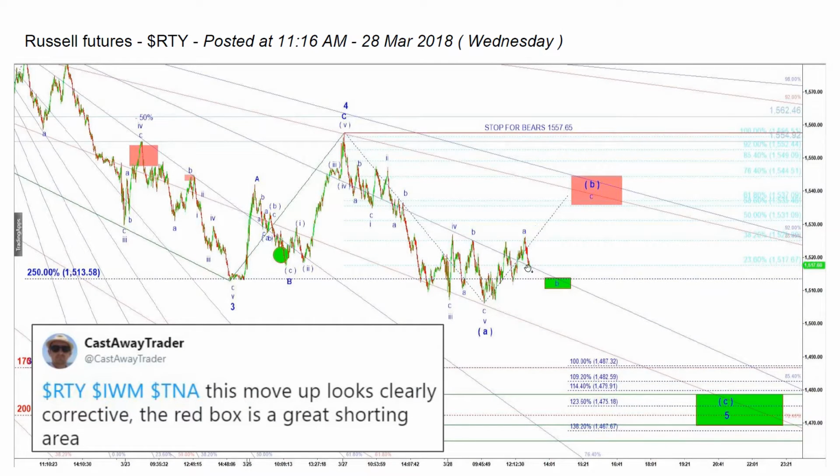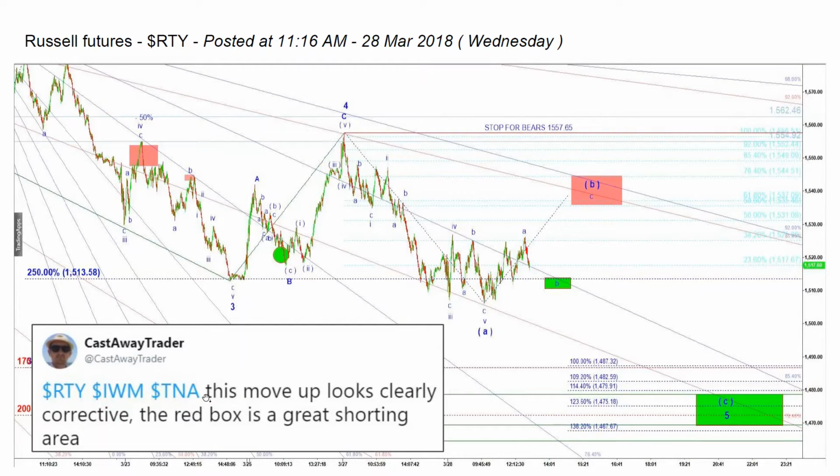So finally we got another high, and now that one could be 1, 2, A, B, C of 3, 4, A, B, and C of 5, and those 5 ugly waves up would comprise wave A of B.